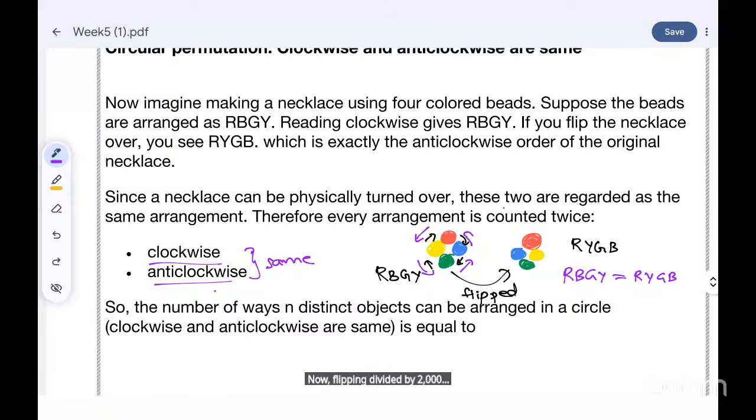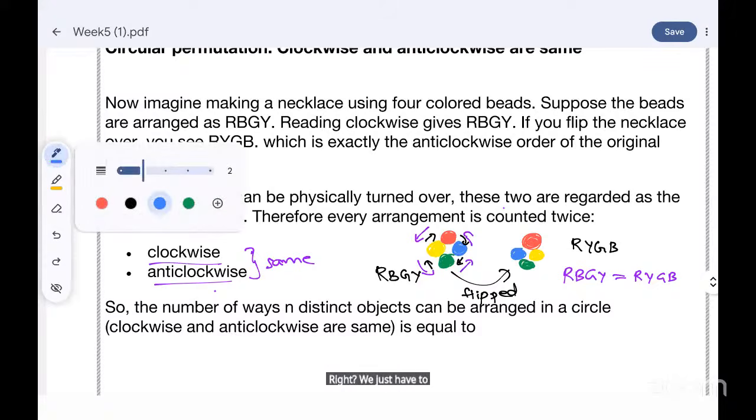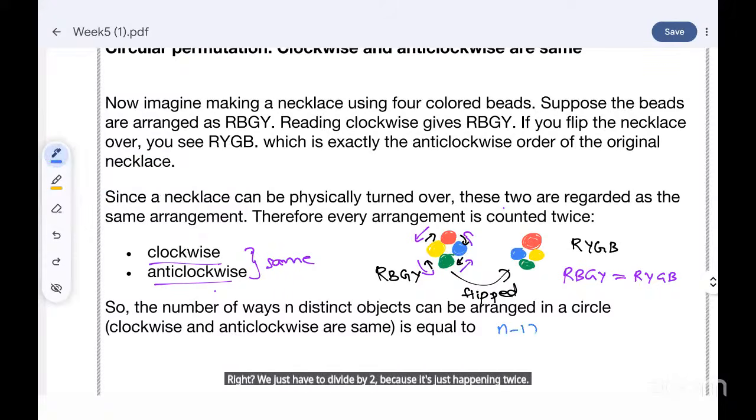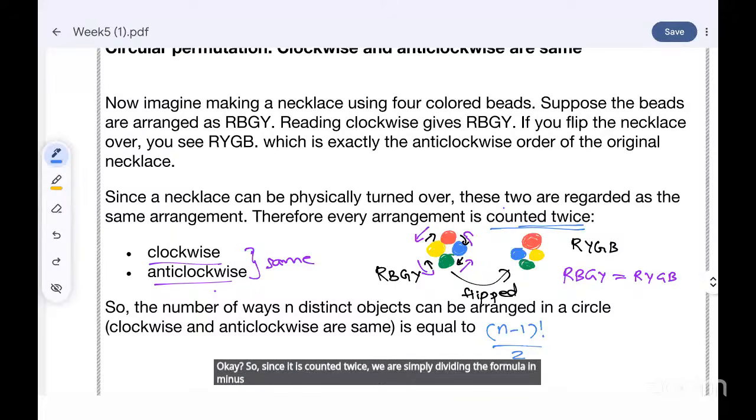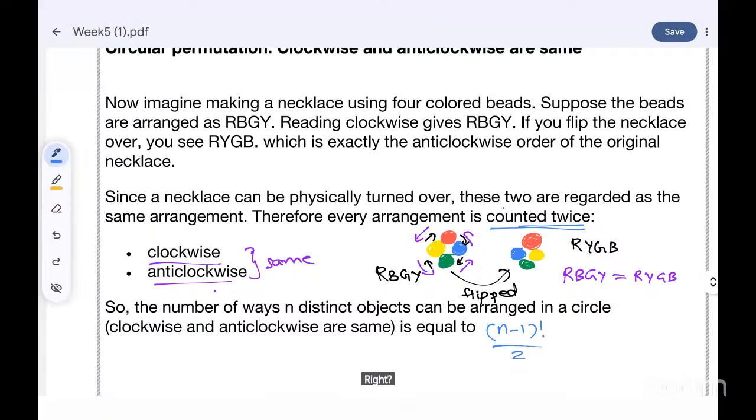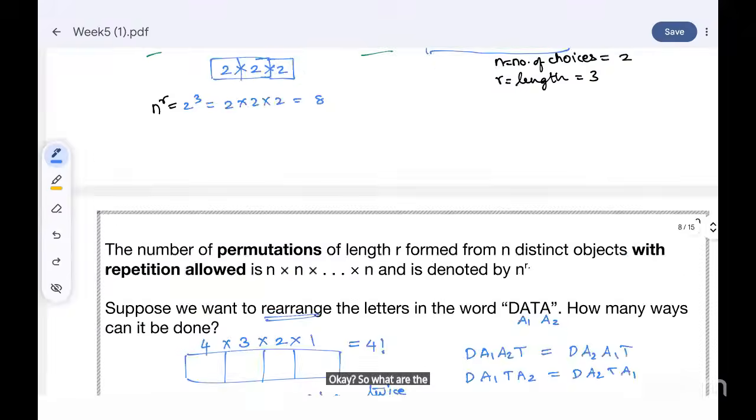We just have to divide by 2 because it is counted twice. So we are simply dividing the formula n minus 1 factorial by 2. Clear?